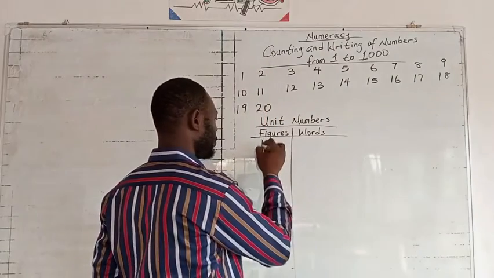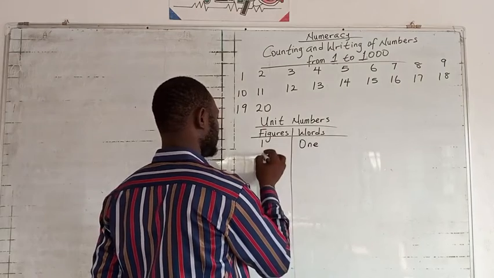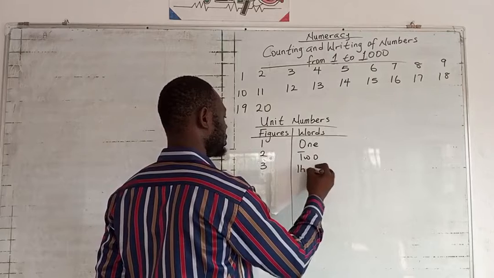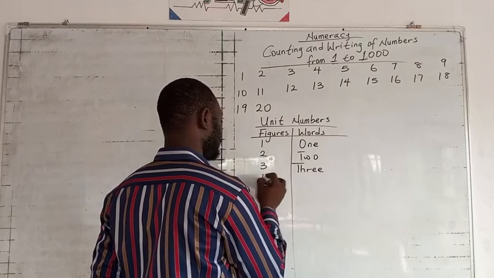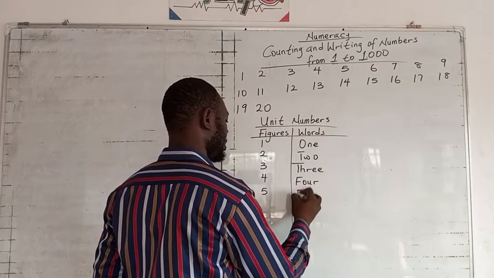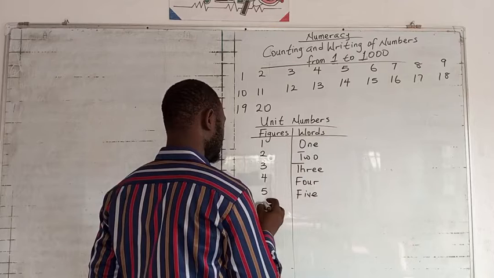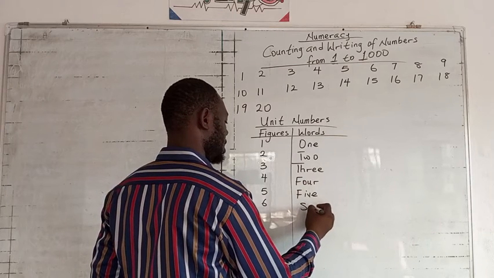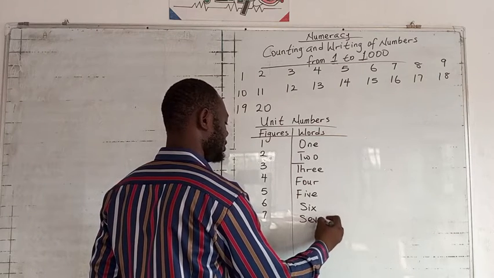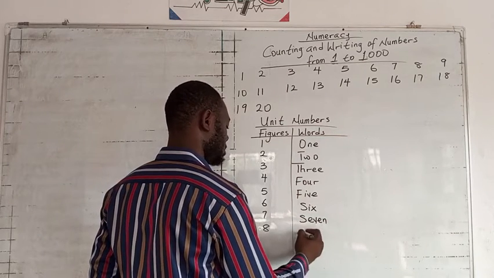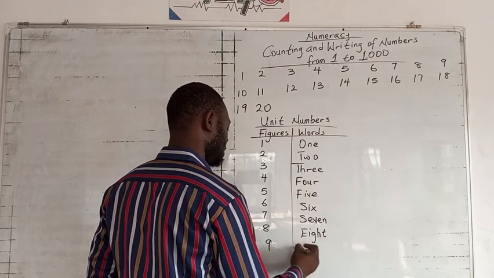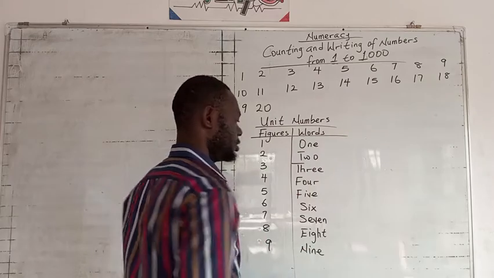So 1, O-N-E; 2, T-W-O; 3, T-H-R-E-E; 4, F-O-U-R; 5, F-I-V-E; 6, S-I-X; 7, S-E-V-E-N; 8, E-I-G-H-T; and 9, which is N-I-N-E.